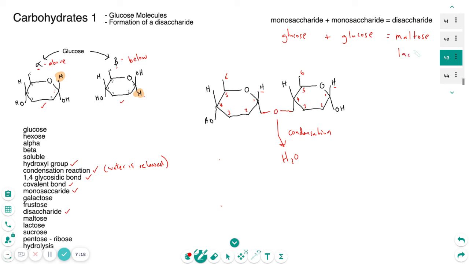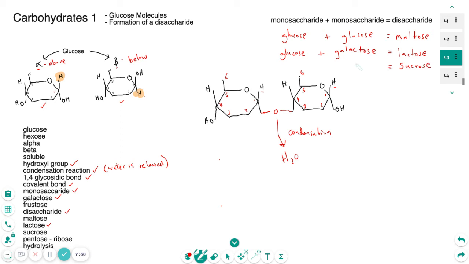All right, some other disaccharides to be aware of. Lactose, you get it in dairy products, and that's made from glucose again, but there's another monosaccharide called galactose. And then, so there's our galactose, our lactose, and then the final disaccharide to be aware of is sucrose.